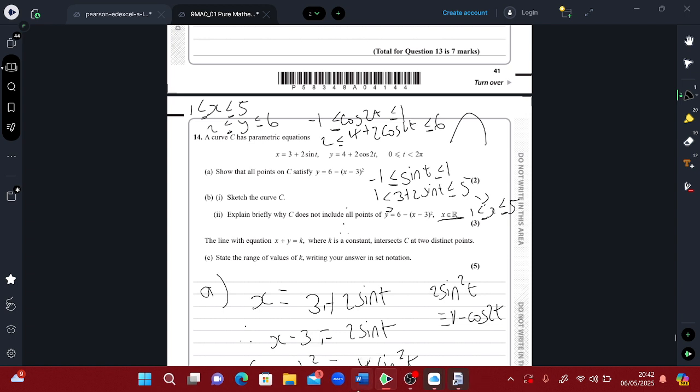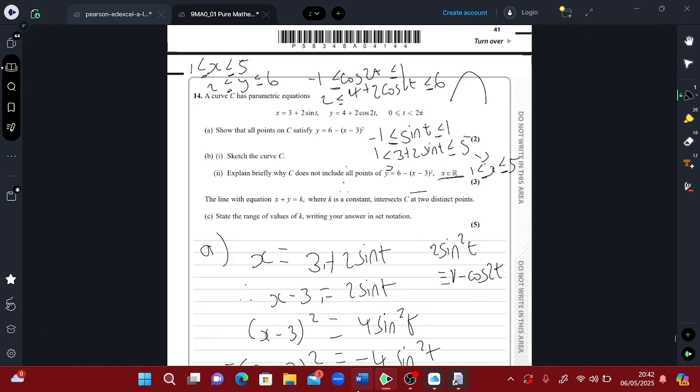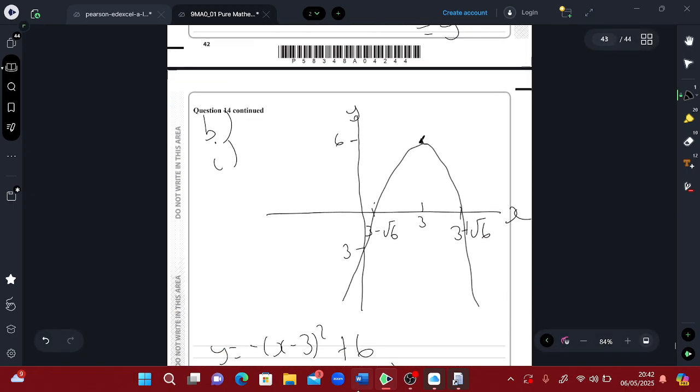But here, there's only a subset of x values, only a selection. X can only be between 1 and 5, but here it's saying x can be absolutely anything at all. So for that reason, it won't include all points on this curve for any value of x. This curve here, C, can only be choosing x values between 1 and 5. Same way with y in a way.